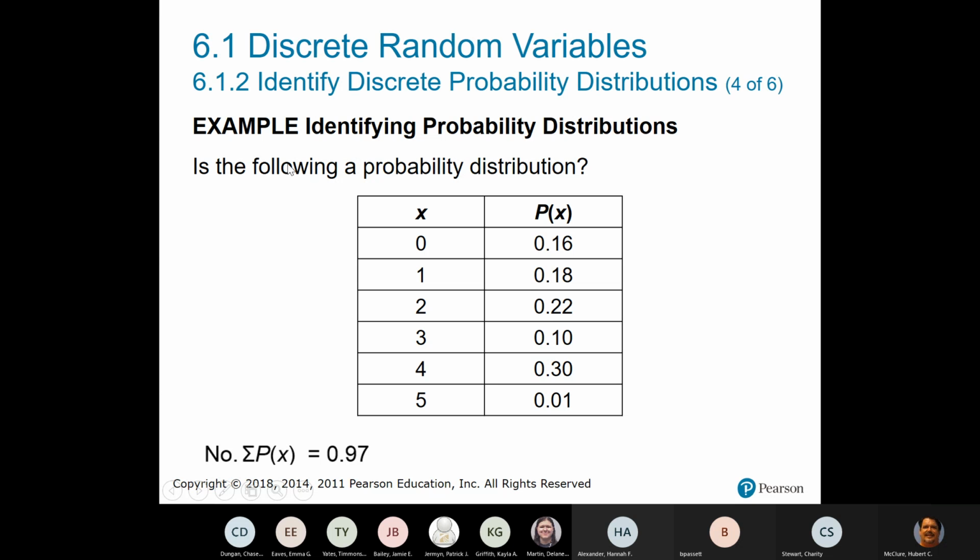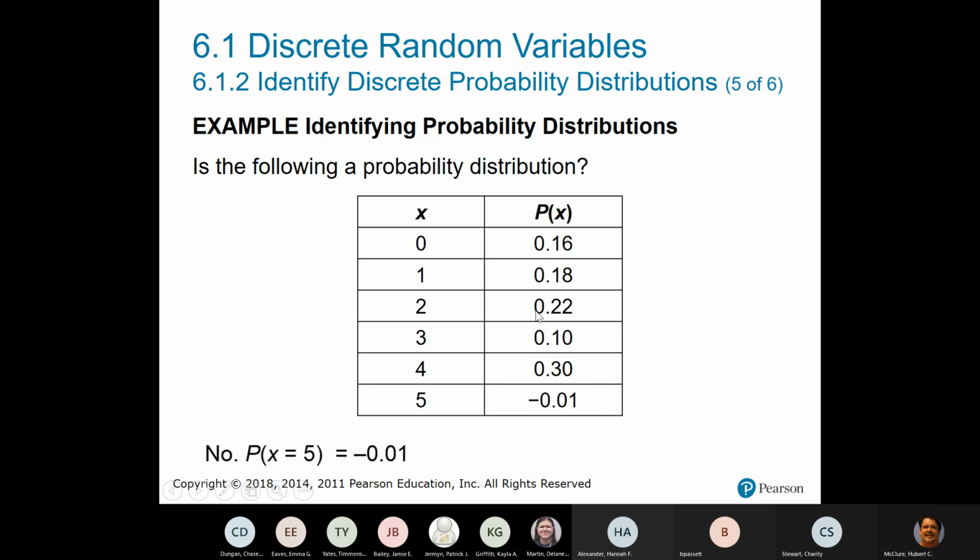Or is the following a probability distribution? No. The next example. This is not a probability distribution because you have a negative number for a probability. You can't have negatives. There is no such thing as a negative probability. Now, there's such a thing as a negative correlation, but there is not a negative probability.